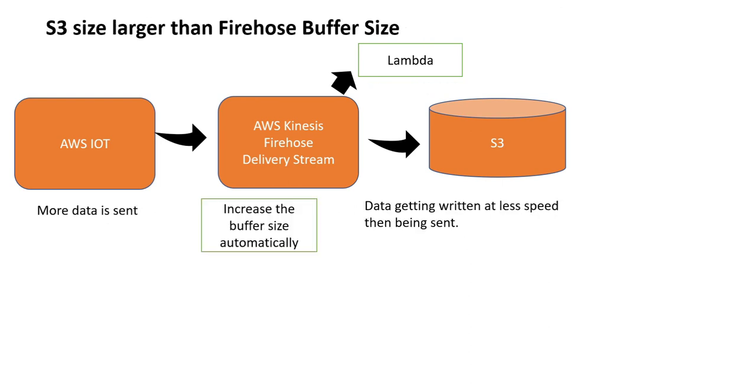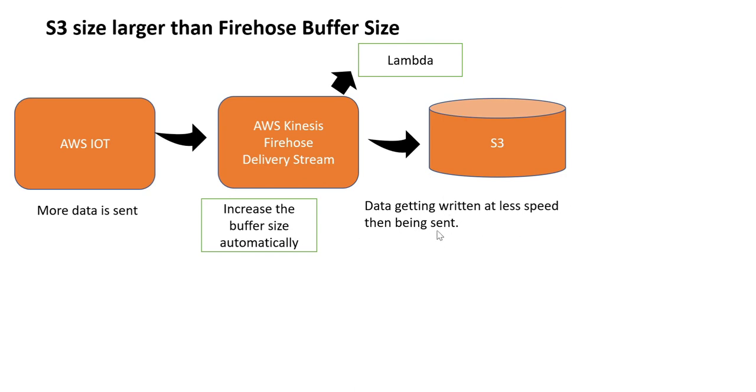Now sometimes we will see your S3 size is larger than Firehose. So we discussed that problem where S3 size was lower than your buffer size, and that happens because of compression. But in this case, S3 size is larger than Firehose buffer size. Why it happens is because, suppose IoT, the source is sending more data, and the writing is happening at less speed.